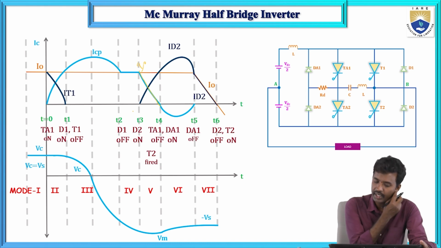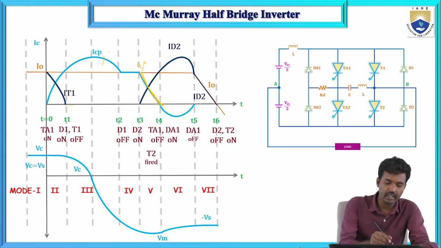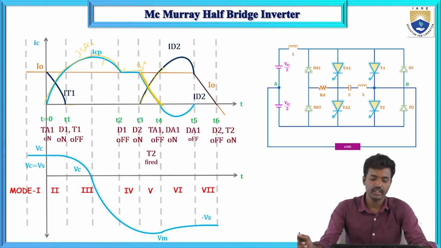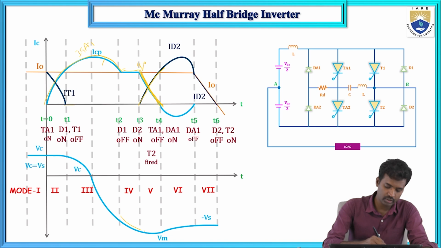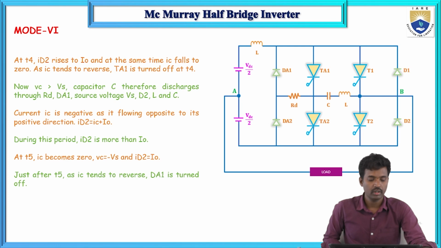It is already turned off, and the ITA currents also decrease. The diode D2 current increases and is maximum when the capacitor voltage is maximum. This is the case for mode 5.